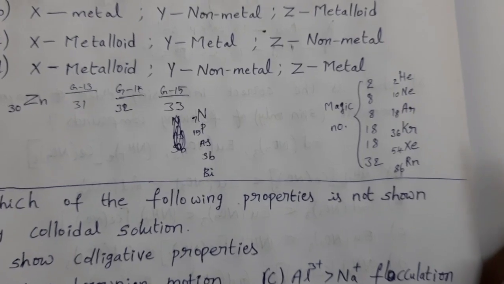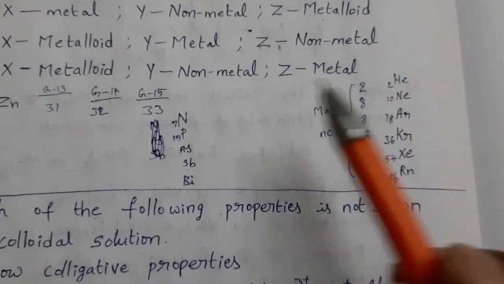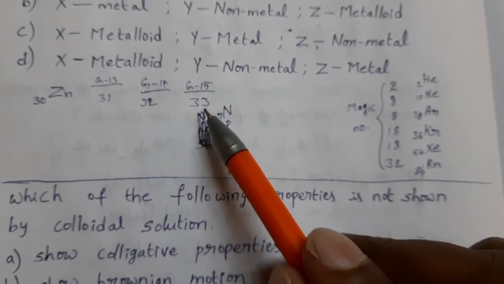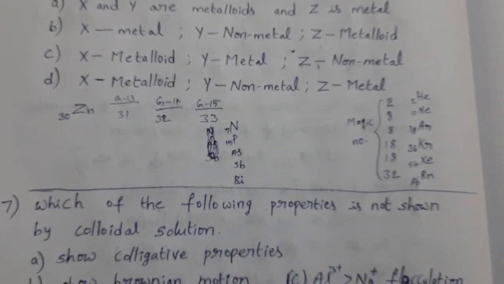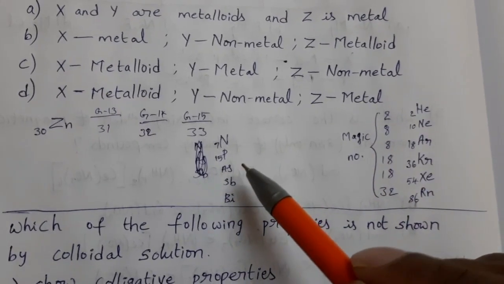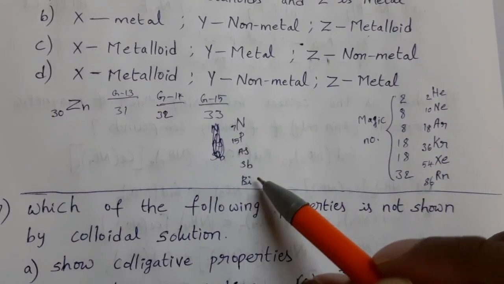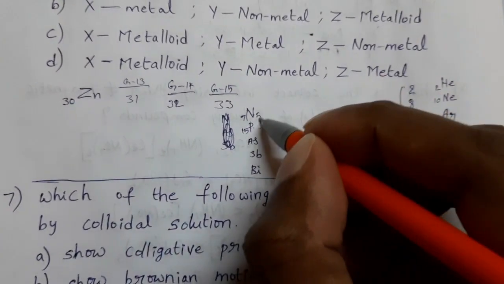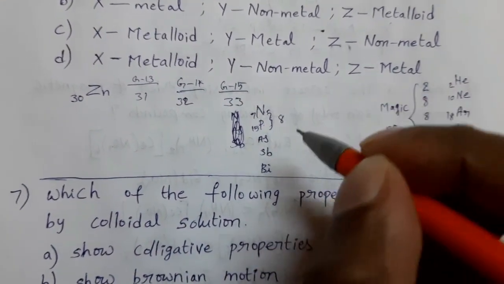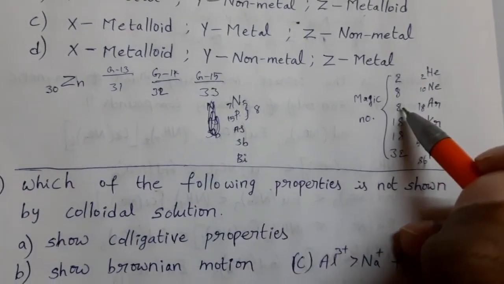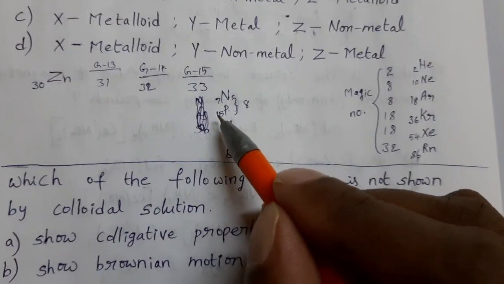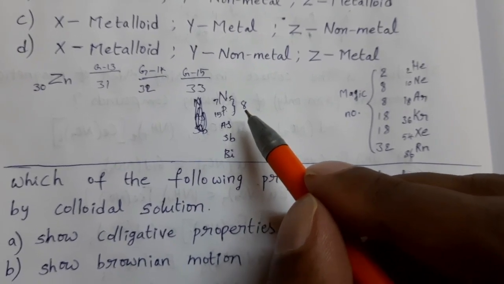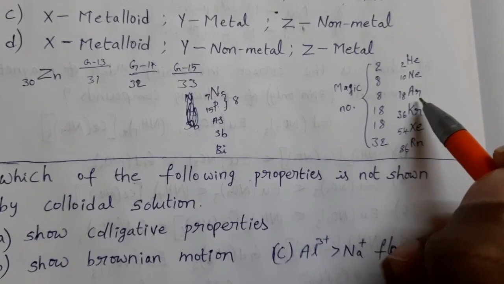Now we want the 33 element. Group 15 having the 33 atomic number element. Which element has atomic number 33 in this group? Atomic number difference 8 means this one. Because after phosphorus, the next elements are sulfur, chlorine, argon.